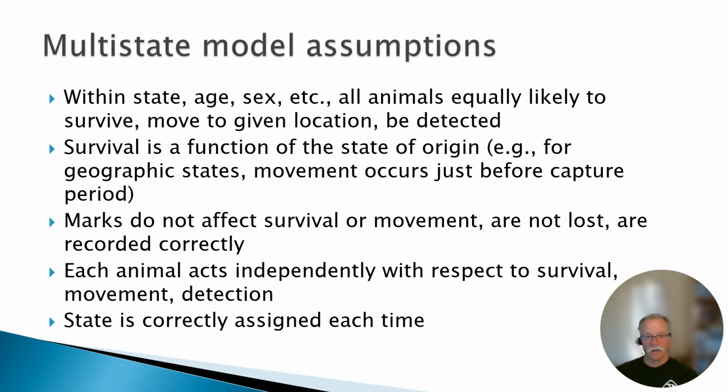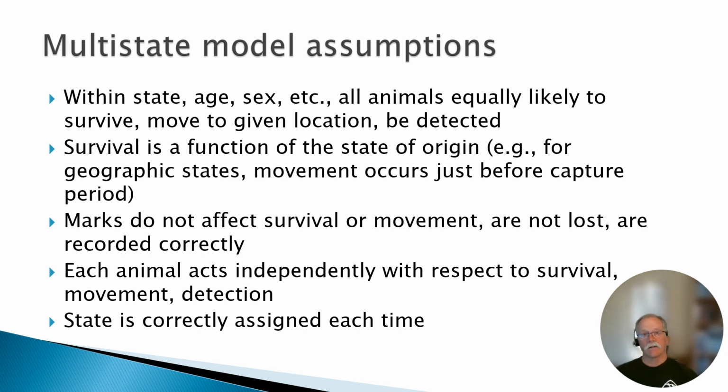Survival is a function of the state of origin, as we talked about, and movement occurs just before the capture period. Basically, survival is dependent on where the animal started. Marks do not affect survival or movement, and are not lost and are recorded correctly. Each animal acts independently with respect to survival, movement, and detection.